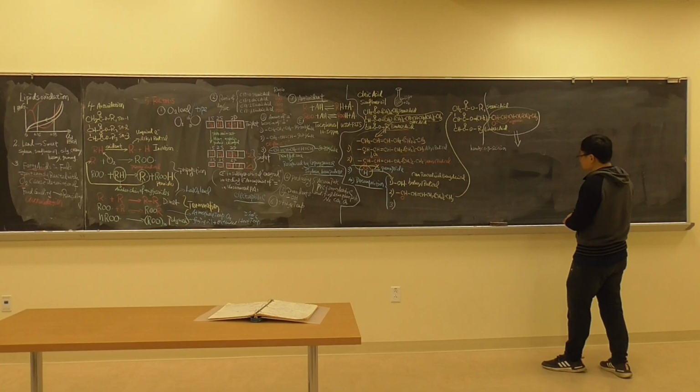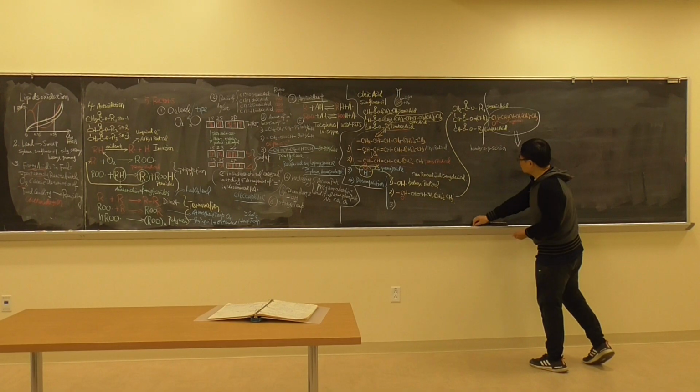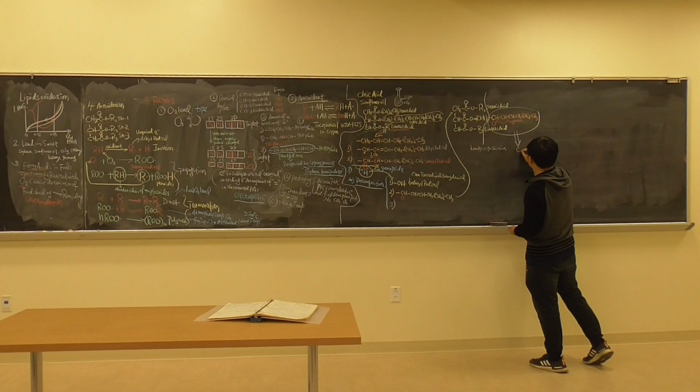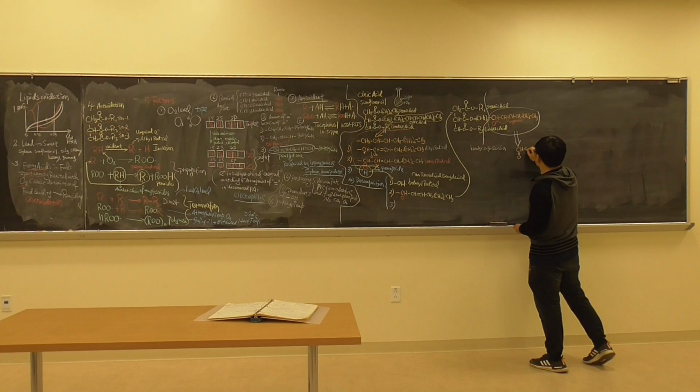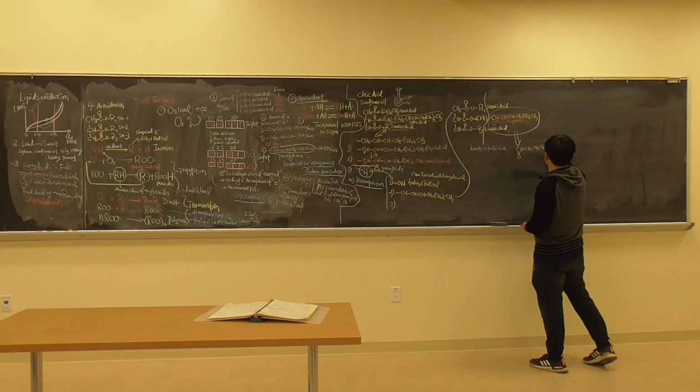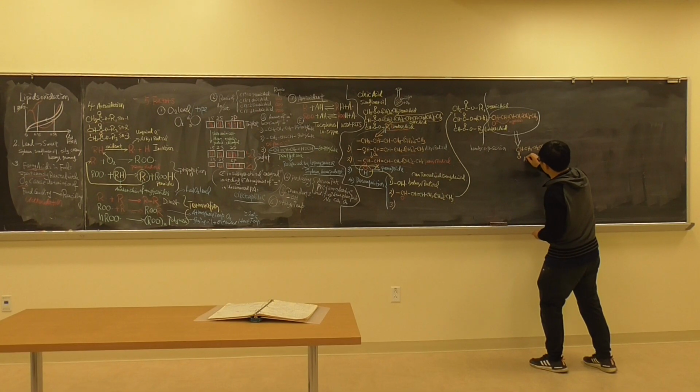So what it looks like, double bonds, CH2, CH2, CH2, CH2, 6, CH3. That's an aldehyde.